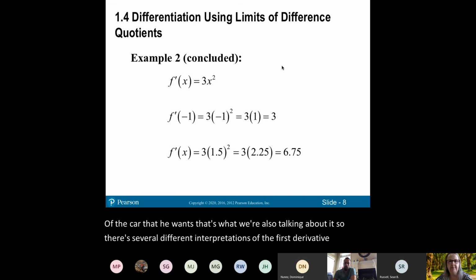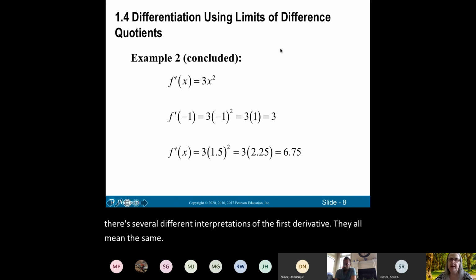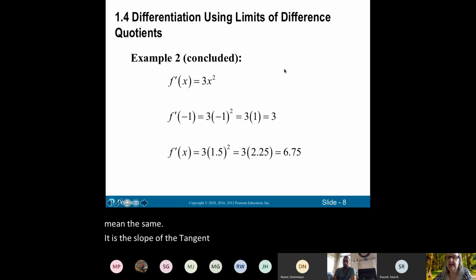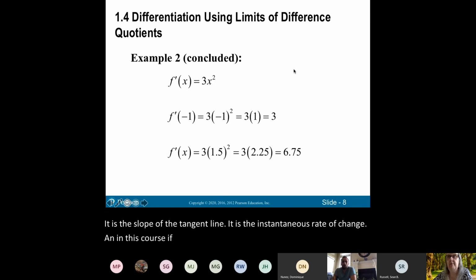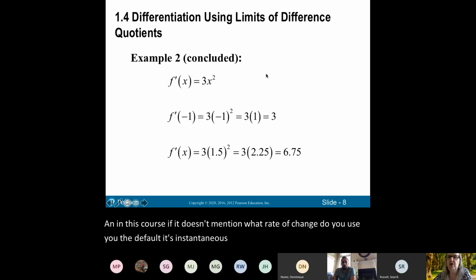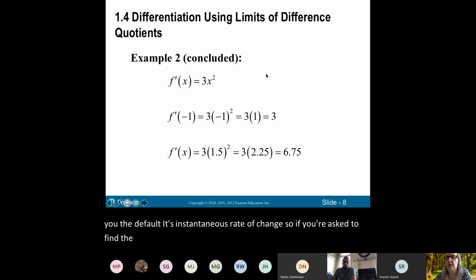They all mean the same. It is the slope of the tangent line. It is the instantaneous rate of change. And in this course, if it doesn't mention what rate of change you use, the default is instantaneous rate of change. So if you're asked to find the rate of change in a problem, the default is instantaneous, not average.